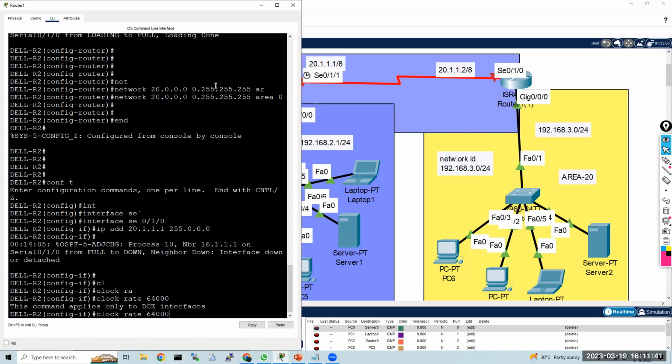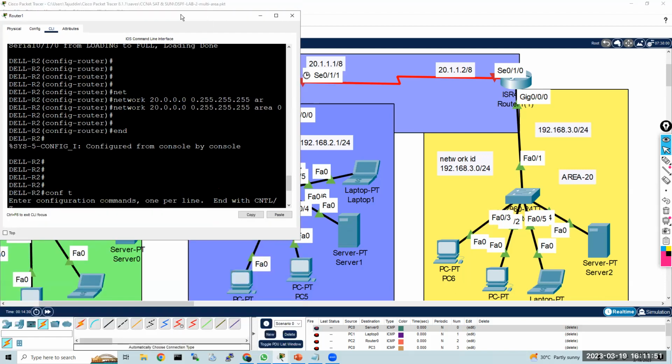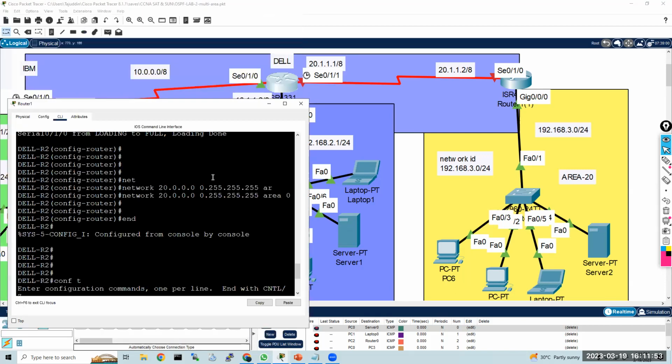Oh, the IP address we have given is wrong, guys. What mistake did I do? Please check. Do show IP interface brief.